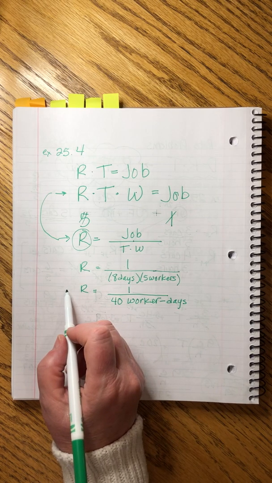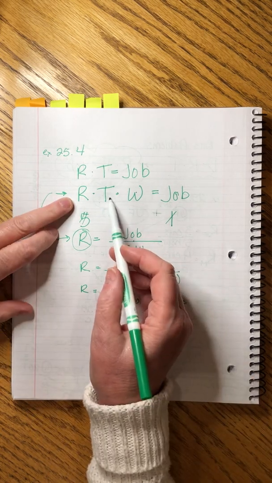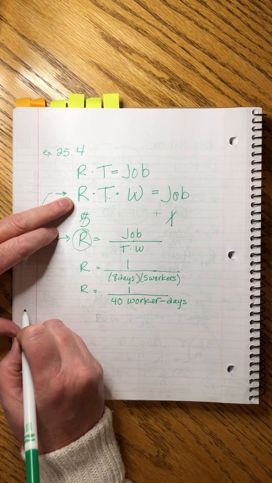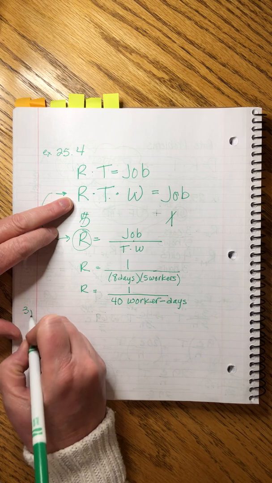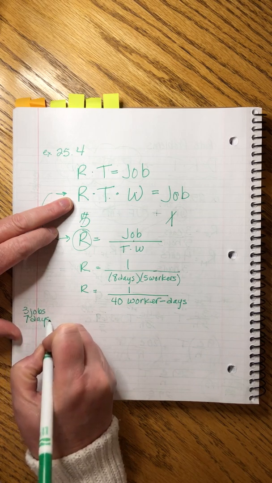How many workers would it take to do 3 jobs in 7 days? So now we can use this in this form. What did I say? How many workers would it take to do 3 jobs in 7 days? Okay.